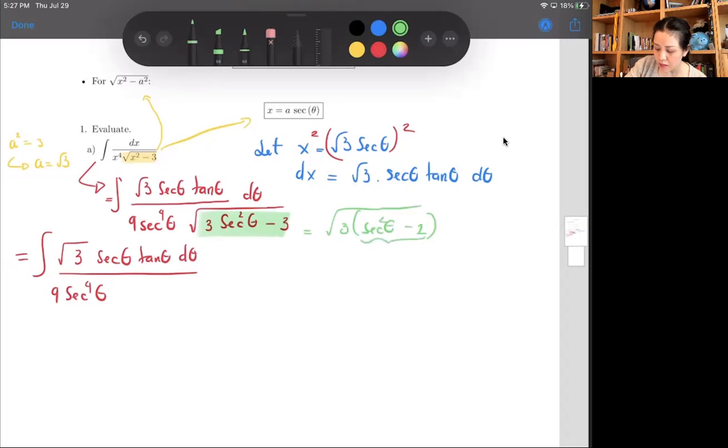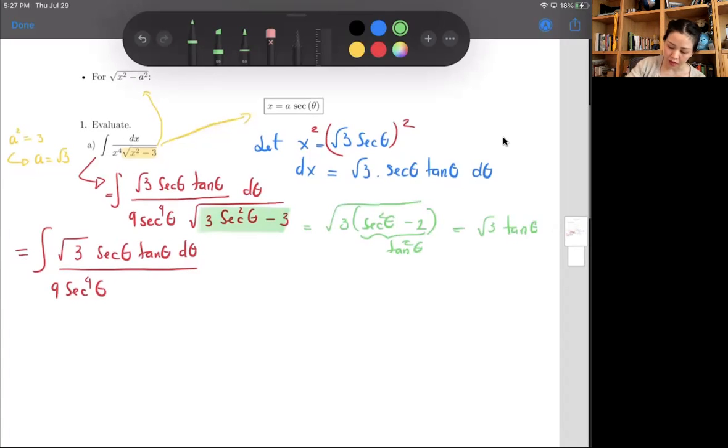And secant squared theta minus 1 is tangent squared theta, one of the trig identities. So we have 3 times tangent squared theta. If you take the square root of that, I have the square root of 3 tangent theta.